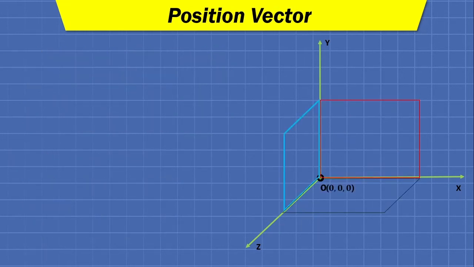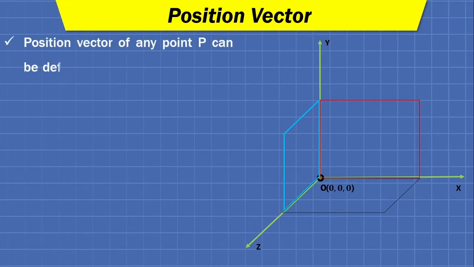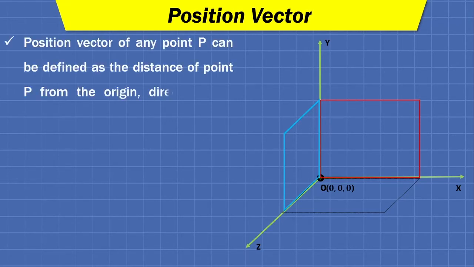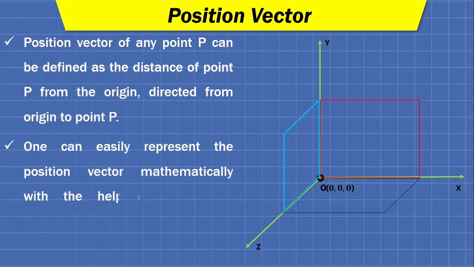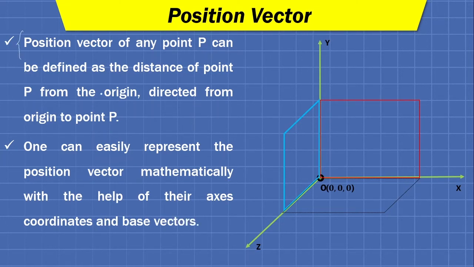Then position vector. We have a right-handed Cartesian coordinate system defined with the origin, and the position vector of any point P can be defined as the distance of point P from the origin, directed from origin to point P. So this is a very useful definition to be remembered from the exam point of view, that is, what the position vector is.